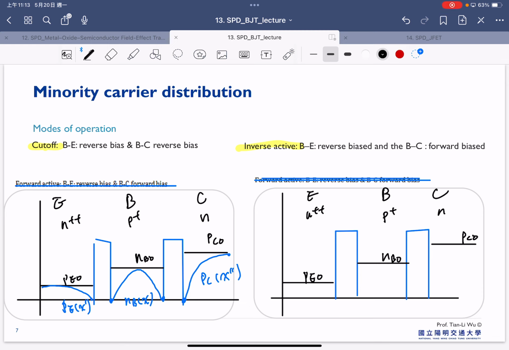So we start to have the concentration here, and then we're back to PC0.